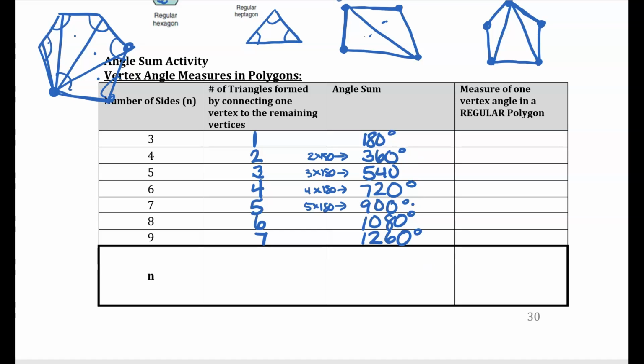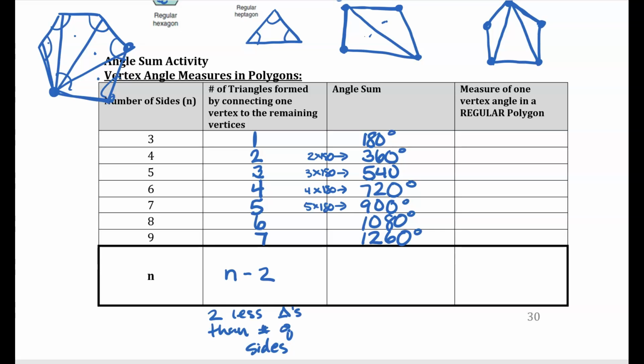And so the formula for angle sum, I'm basically working through this so you can see where this formula comes from, and you're not just like, well, where the heck did that come from? So the number of triangles, this column, is always n minus 2. So if n is the number of sides, there are 2 less triangles than number of sides.